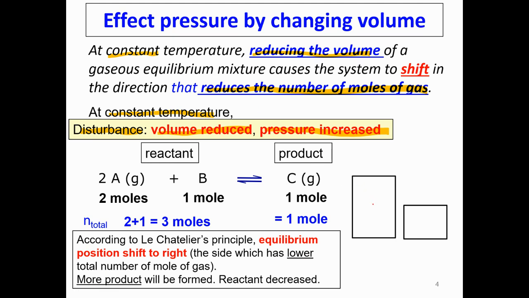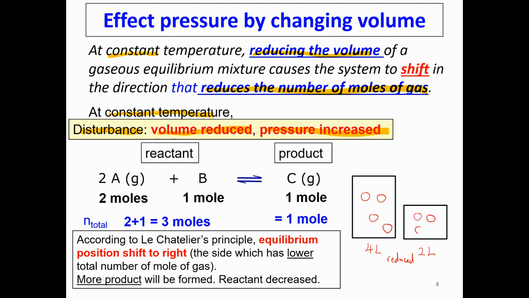For example, now I have 4 gaseous molecules in this container, and this is 4 liters. Then after that, I reduce the volume and it becomes 2 liters.